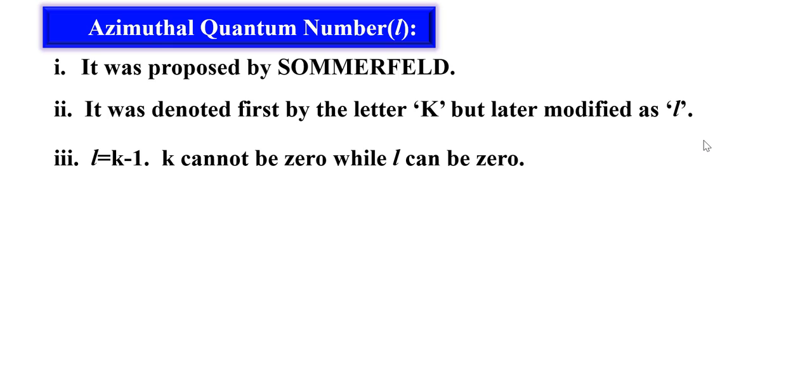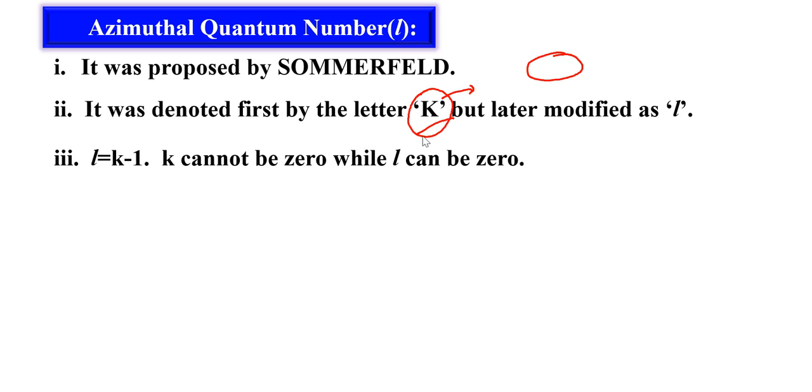See, now you need not worry about this K, but if you refer to some books, you may get K. Sommerfeld described an elliptical shape, but that is outdated now, and there is no need to discuss it. But if you find it somewhere, you should not be confused. That's why I am telling you a little bit of information.